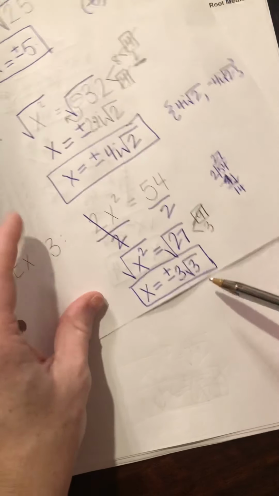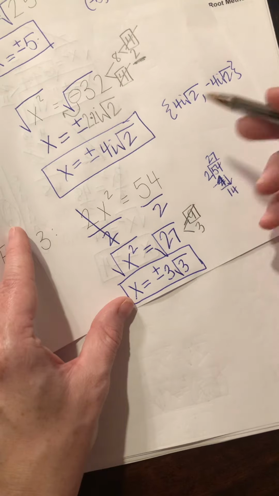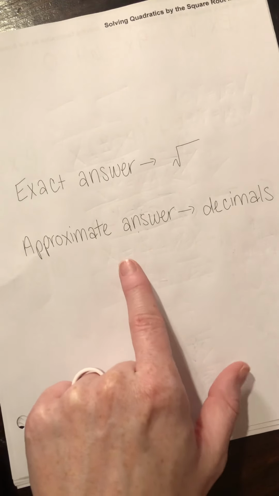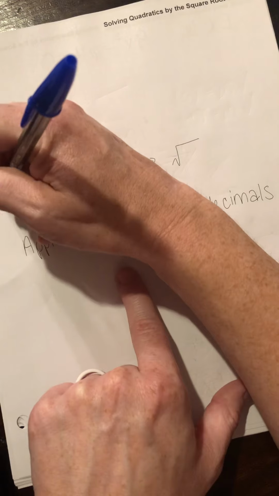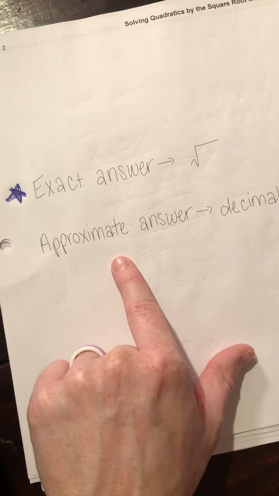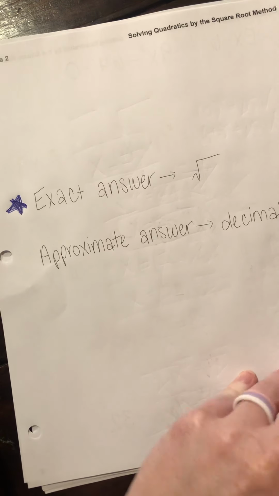But if I were to type that in the calculator, or maybe example number 3, 3 square root 3, it's going to give me a decimal, which would be my approximate answer, okay? I tend to leave everything as exact answers as much as possible, okay? I really don't want those approximate answers unless it specifically asks me for that, okay?